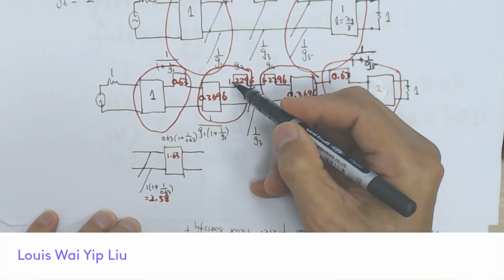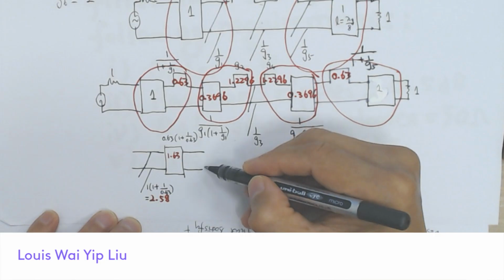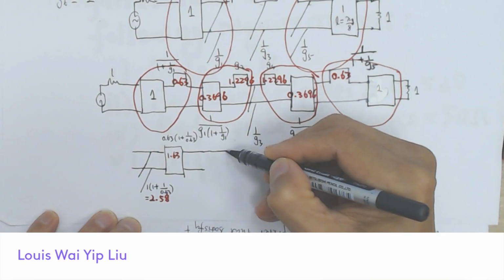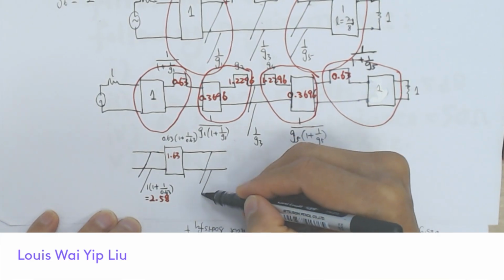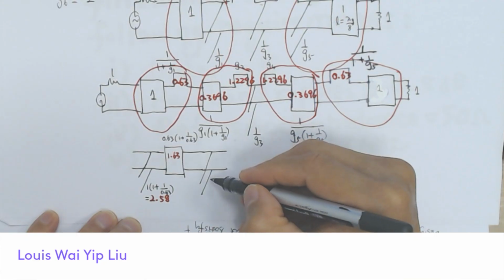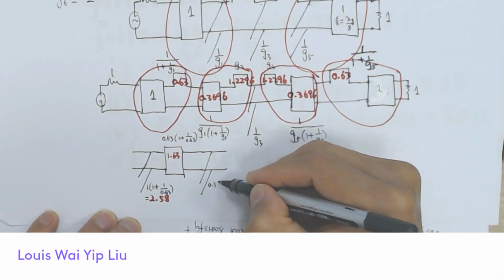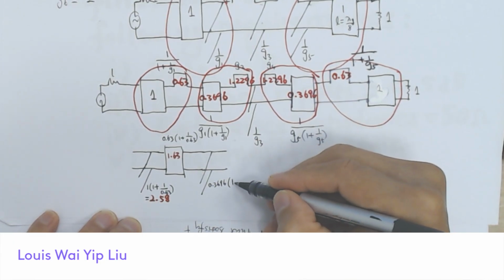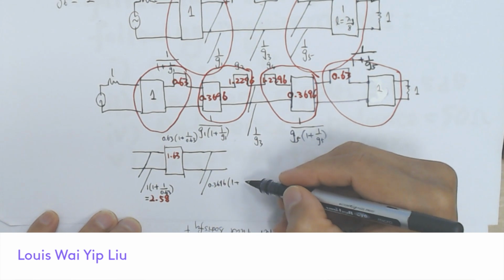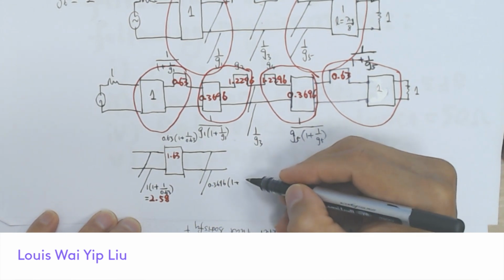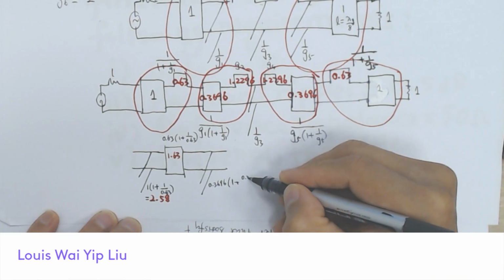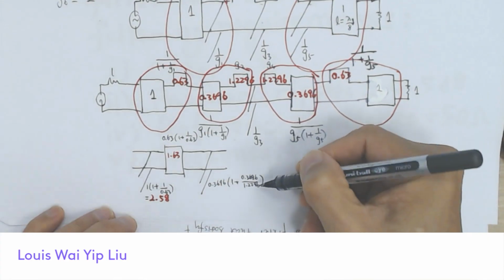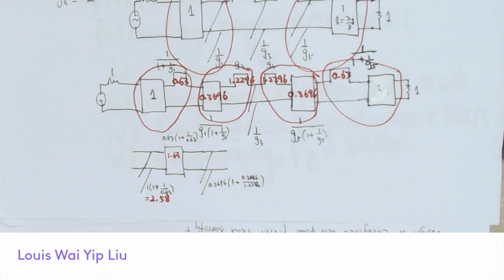And we are now dealing with the second stage, this one will become an open circuit stub, and you will get 0.3696 times 1 plus 0.3696 divided by 1.2296. So we have to do it very carefully.